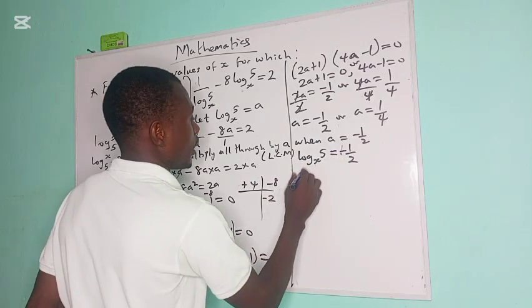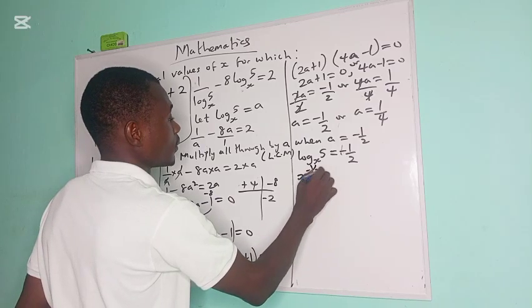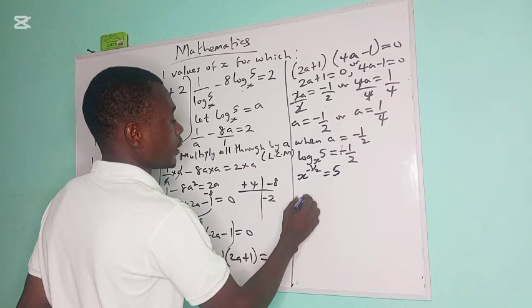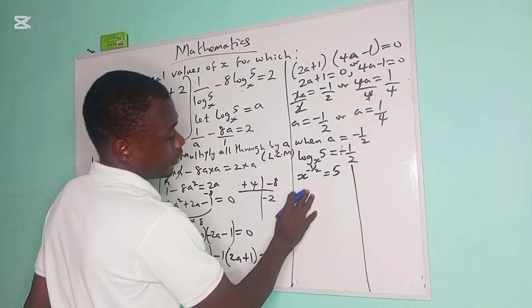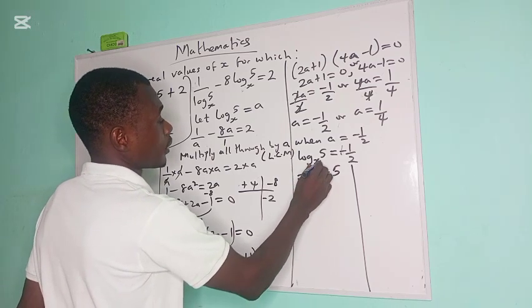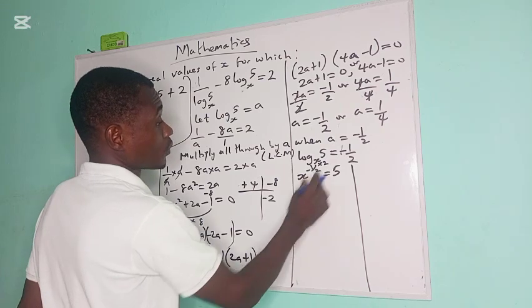So by logarithm, take it to index form. That will become this, and what are we going to do here? We multiply all through by 2.